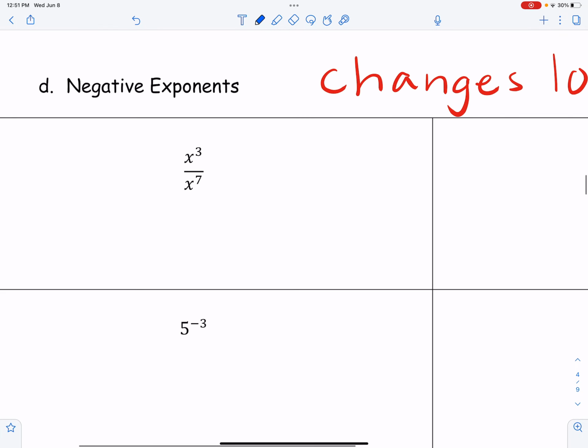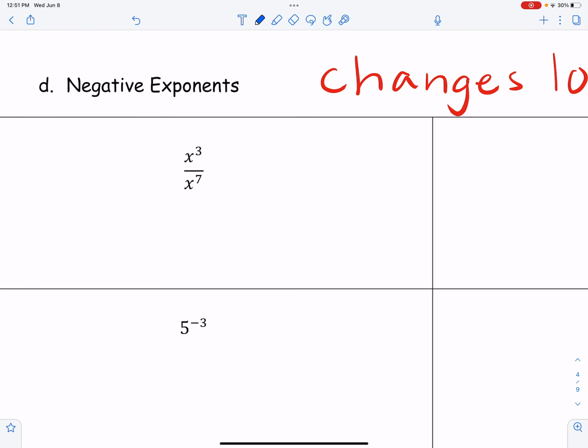And if you're working in a more general form, like up here you have one in terms of x, it works the same way, you just can't evaluate when you get to the end. So like here, the first thing I would do is notice, okay, this is dividing. Common base, and I'm dividing. So that would tell me to use the quotient rule, which says you keep the common base, and when you're dividing, you subtract your exponents.